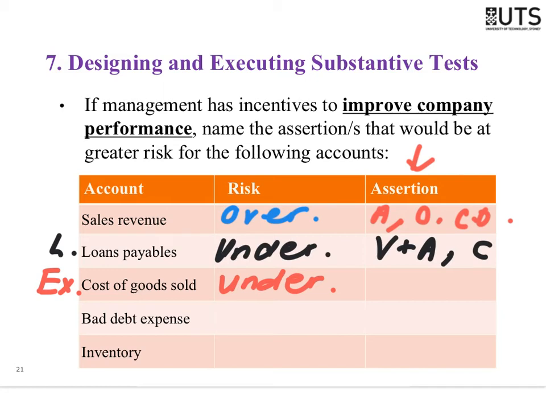A bigger number or a smaller number? There we go, okay? Put all those elements together. Guys, you can understate by including it at a wrong number, a lower number than what you should. So the cost of goods sold should have been recorded at $1,000, but they recorded it as 100, for example. So accuracy. Anything else?